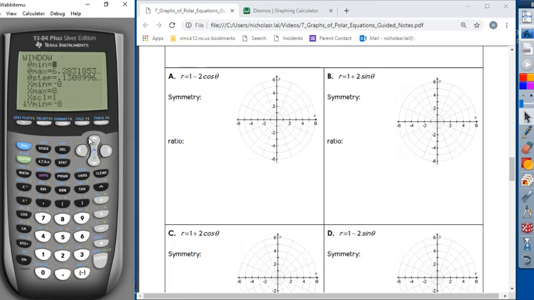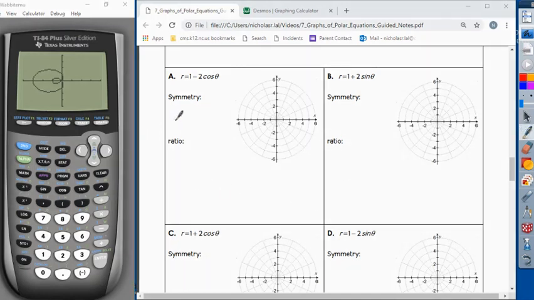Let me change my window back to do everything in range of 4 now: negative 4, 4, negative 4, and 4. So there's our inner loop.